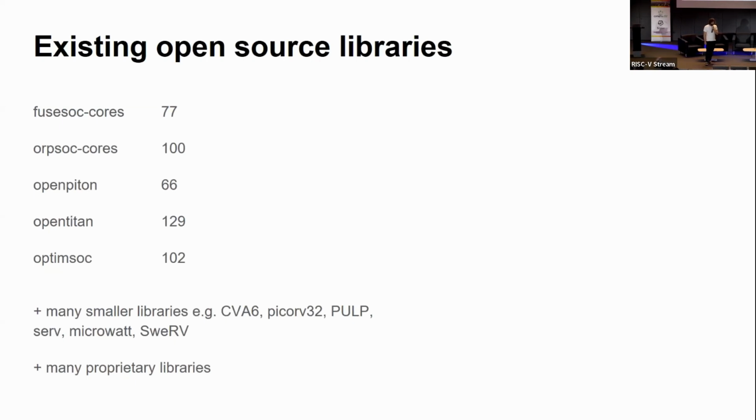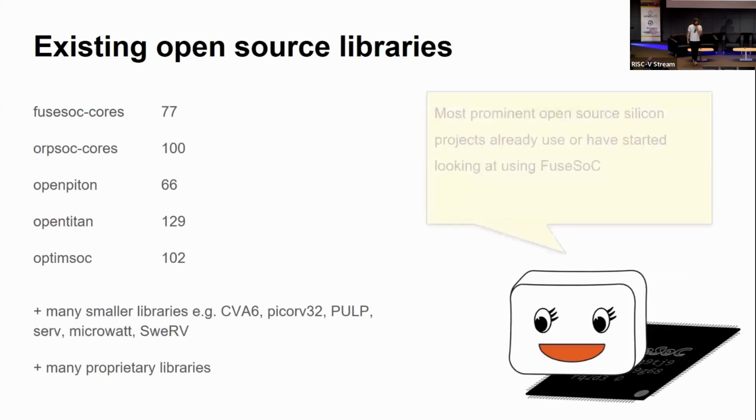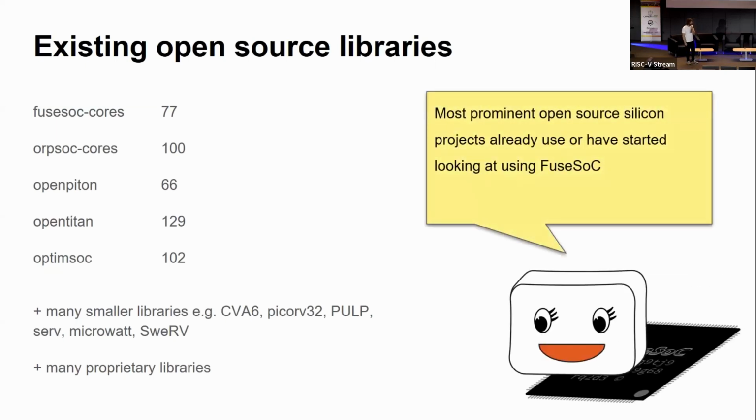I know that much of the Pulp platform cores have been FuseSoc compatible. CVA6 that we have heard about many times. Of course, Serve, award-winning RISC-V CPU, and Microwatt, which is a PowerPC CPU. And in fact, most prominent open source projects already use it or have at least looked at using FuseSoc.